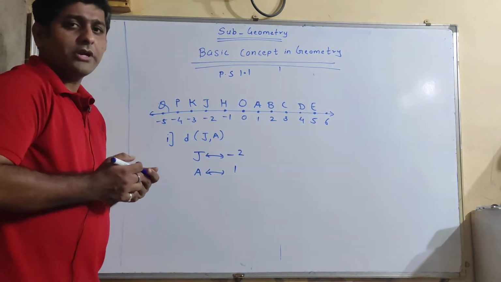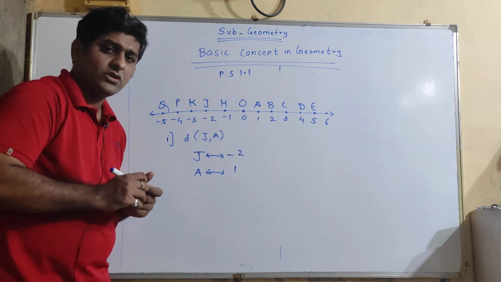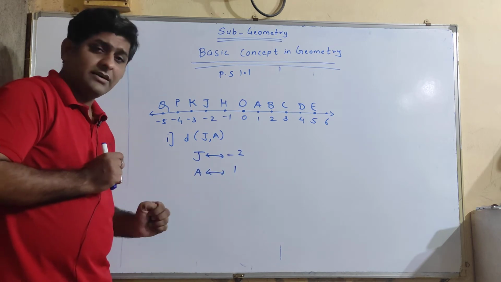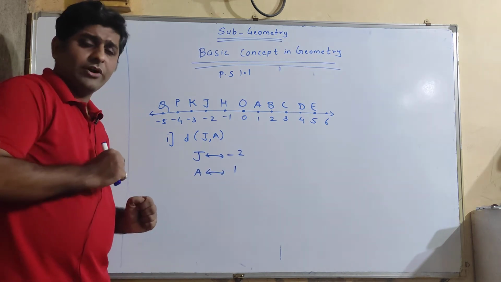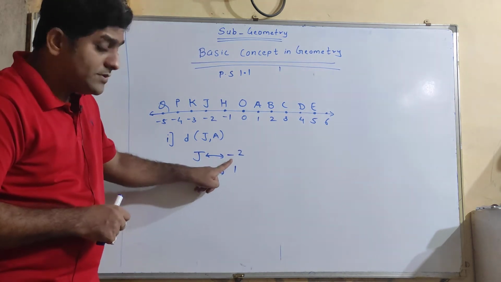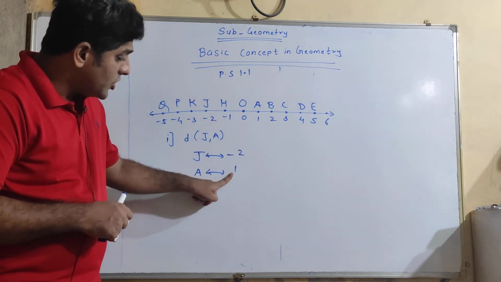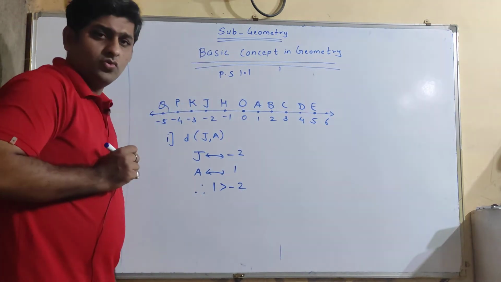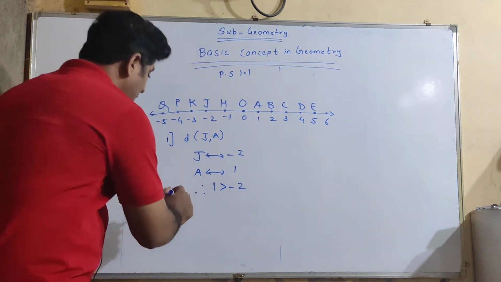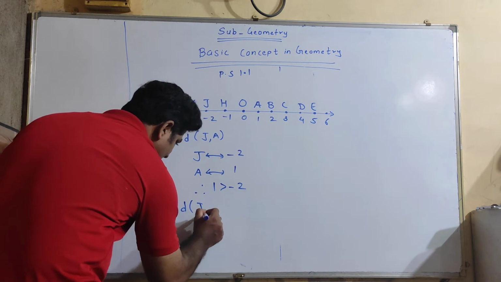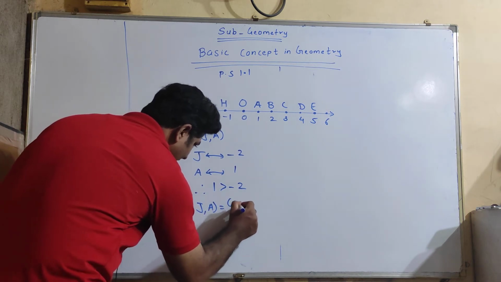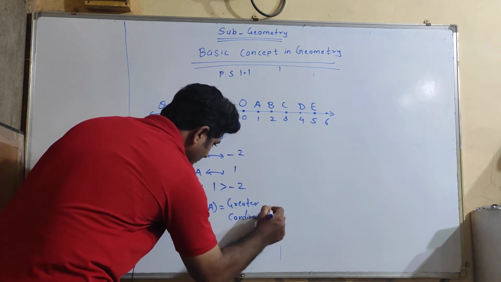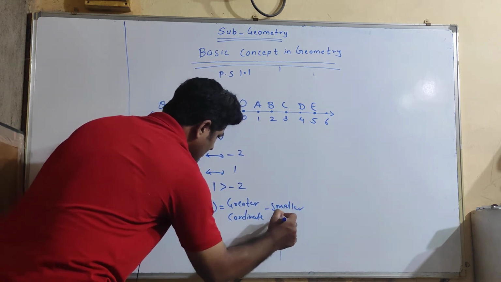Okay, after mentioning the coordinates, students, what are we going to write? Which is the greater coordinate and which is the smaller coordinate? So that's what we are going to compare over here. When we observe these numbers, we observe that 1 is greater than -2. Correct? Now let us apply the formula to find the distance, that is distance JA equal to greater coordinate minus smaller coordinate.